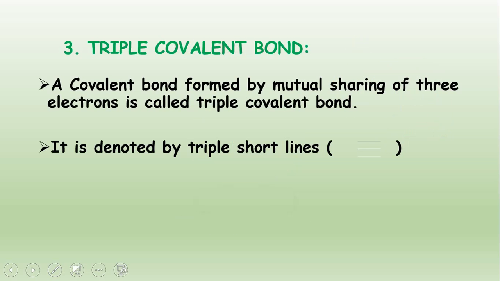Then the last one is the triple covalent bond. Triple covalent bond is formed by the mutual sharing of 3 electrons, and then the atoms will complete their octet and duplet. The main reason for the chemical bonding is this one, and then they will become inert, noble, unreactive and independent, as in the previous lecture we have discussed, and it is denoted by triple lines: 1 2 3.